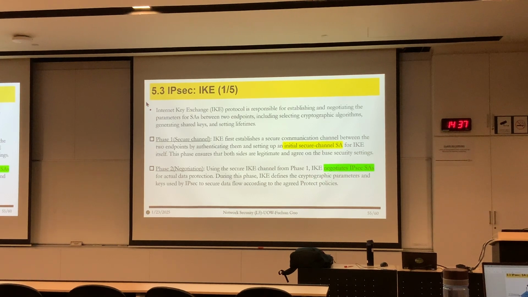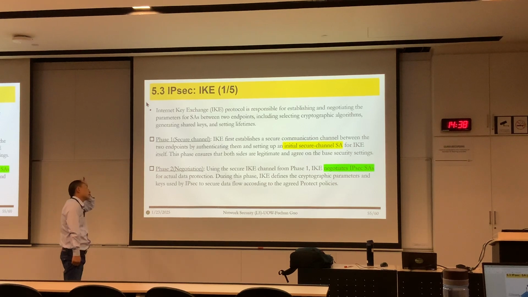This phase ensures that both sides are legitimate and agree on the basic security. So they just create a secure channel. It's not about the protection of IP packets. The first phase is nothing about the IP. It's just to make sure that they can have a secure channel.